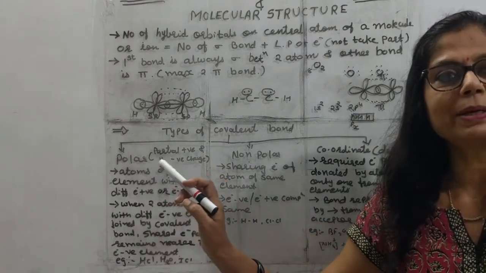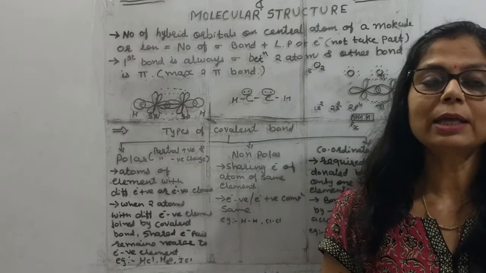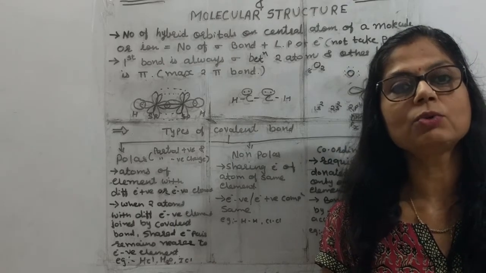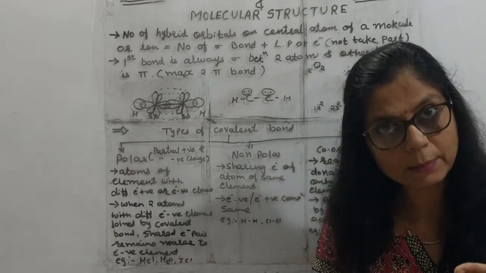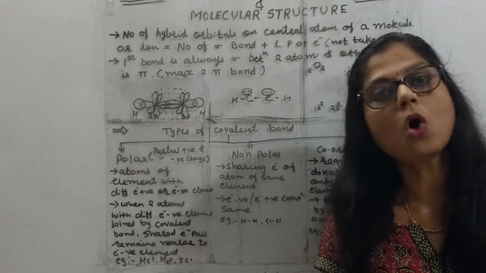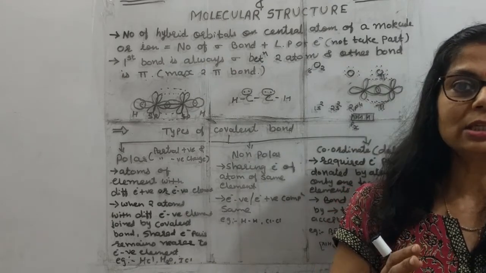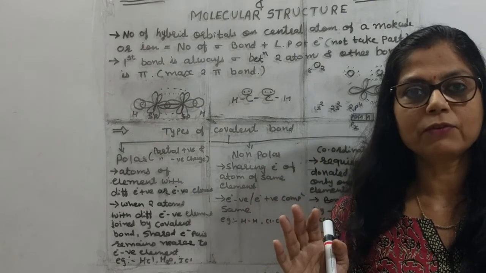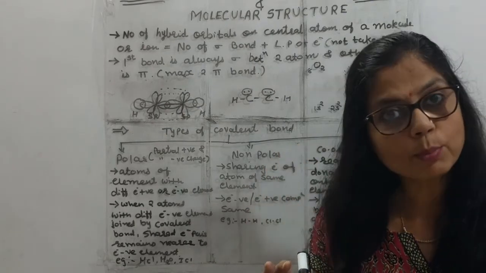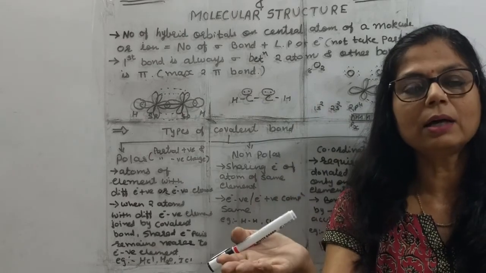Means one atom possesses a partial positive charge and the other atom possesses a partial negative charge, because both may be either electropositive or electronegative, but one is a little more than the other, and that's why we can differentiate which one is more electronegative than the other.